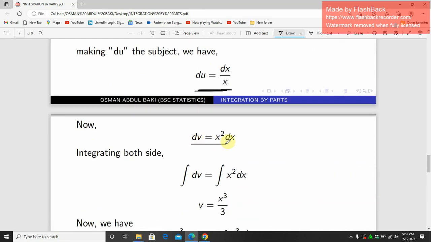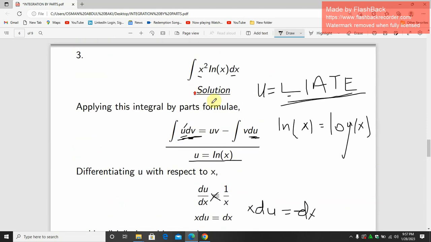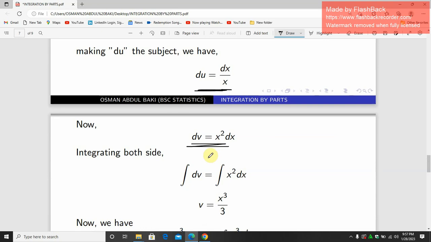So dv is equal to x squared dx. Remember, after we find our u, it is left with x squared and dx. So here dv is equal to x squared dx, and here too we are finding v. Remember, we are finding v, so you need to apply your integral sign on both sides.